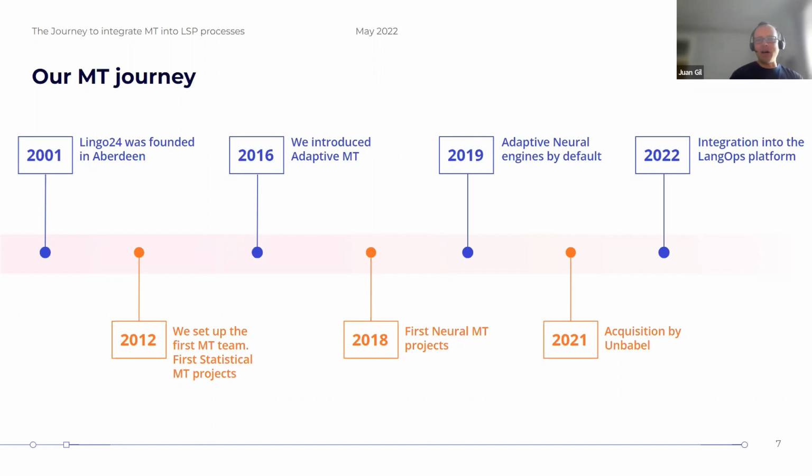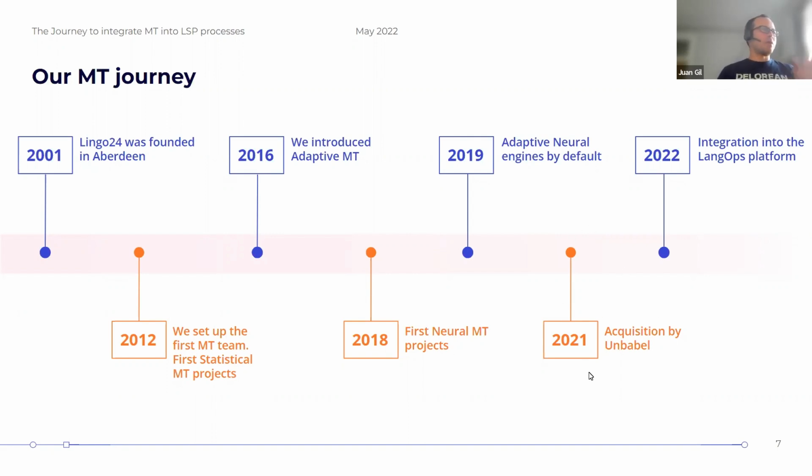So after a lot of work internally, and overfitting, overly optimistic scores, and everything you can think of, we ended up with a kind of stable solution in terms of MT, limited to technical content, French, Italian, German, Spanish, Portuguese, so just a few languages, and a lot of resistance from translators and clients.